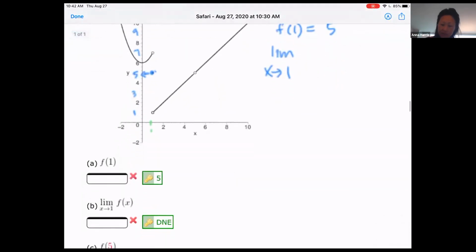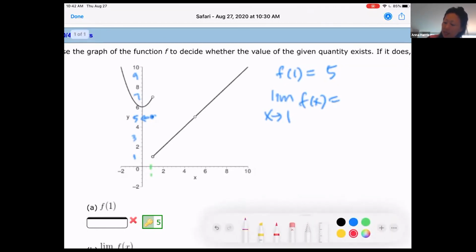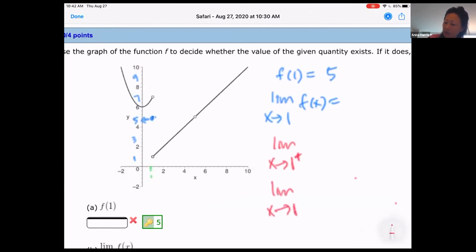Are they asking for left and right? Okay, so the limit of this. Do I have the limit? In this case, I have two different limits, don't I? I have a limit as x approaches 1 from the right, and a limit as x approaches 1 from the left.